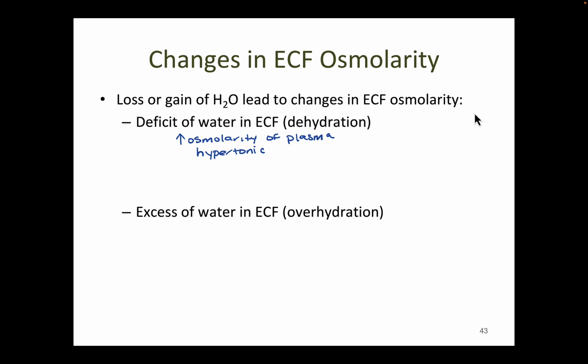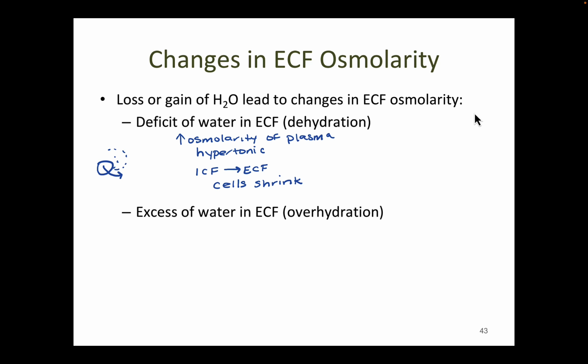And when what is outside is more concentrated than what's inside, water wants to move from the ICF to the ECF to try and dilute it, and our cells will shrink. So dehydration can cause shrinking of our cells.